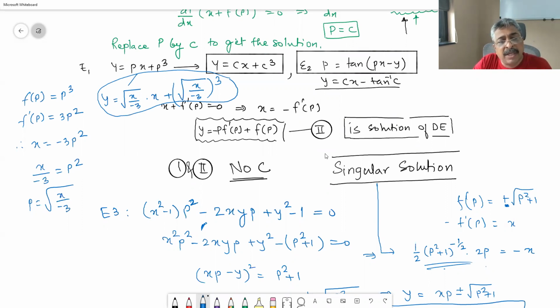This will make sense for values of x less than 0, but otherwise this won't make any sense. But this is a singular solution. If you follow the procedure, you will get a singular solution, and it is that. Okay. Eventually we will find out what these singular solutions are.